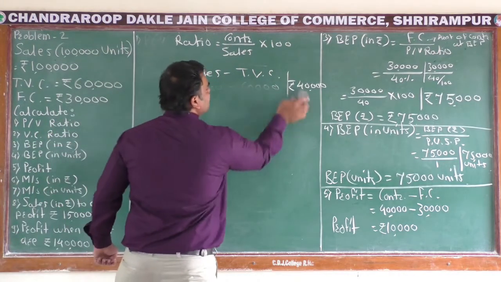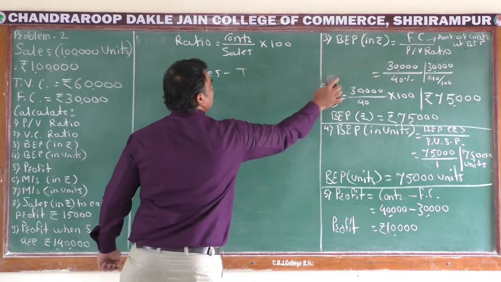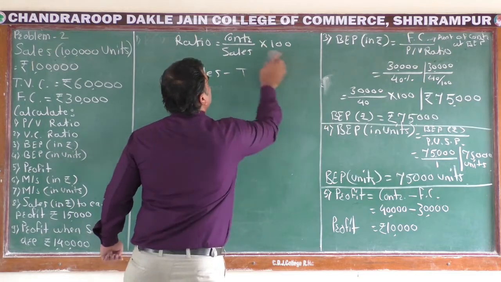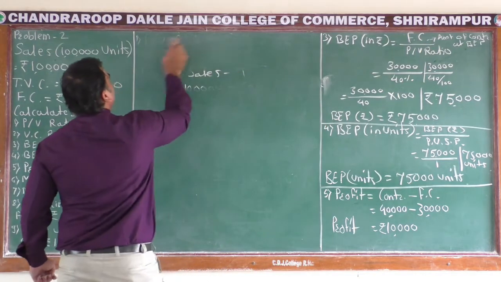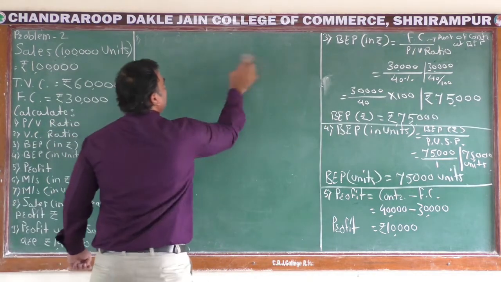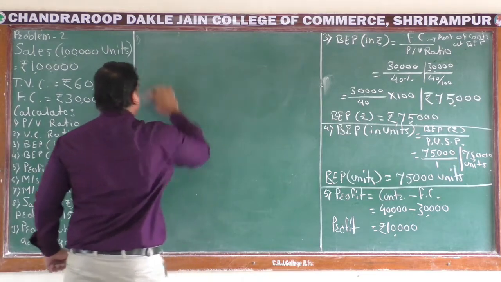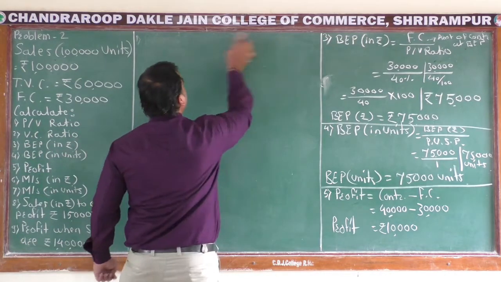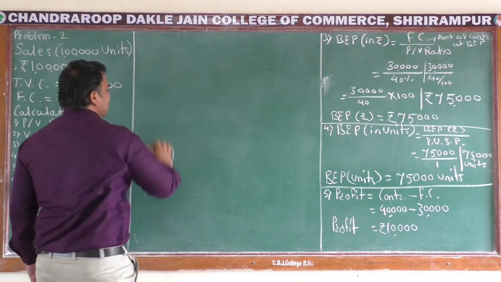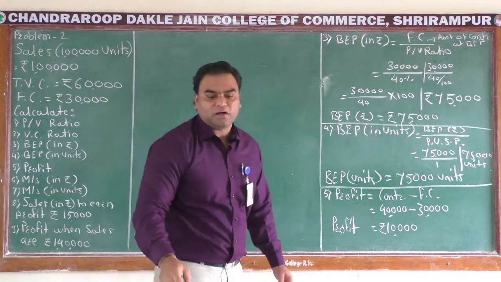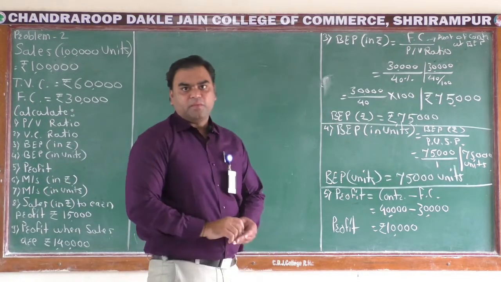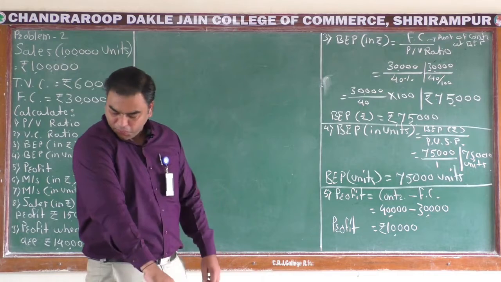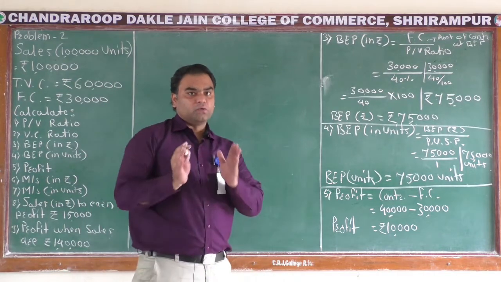When we split total sales into two parts, the first part will be called BEP sales and the remaining part will be called margin of safety sales.